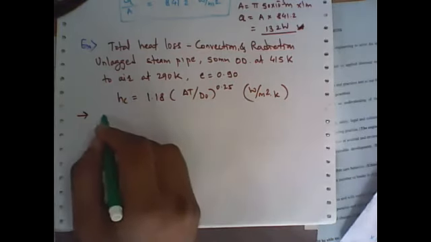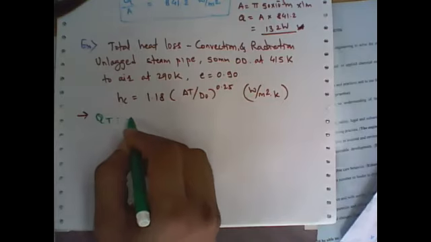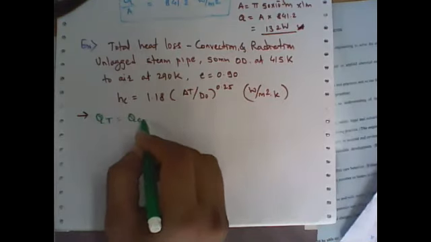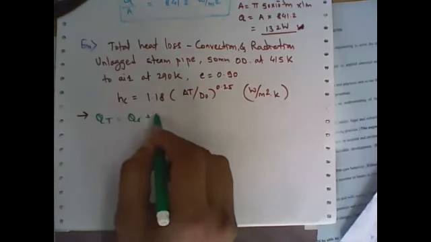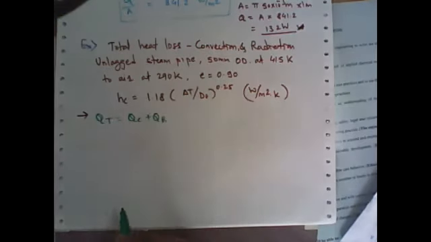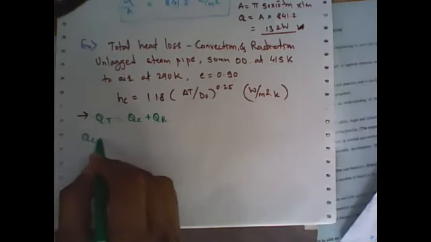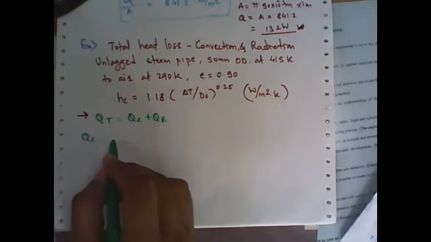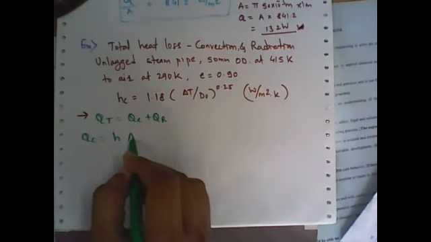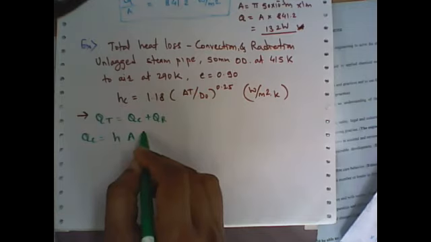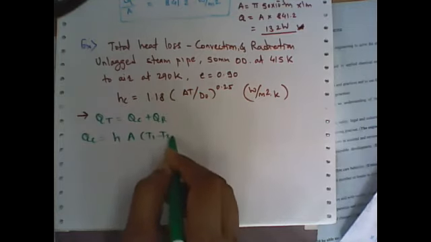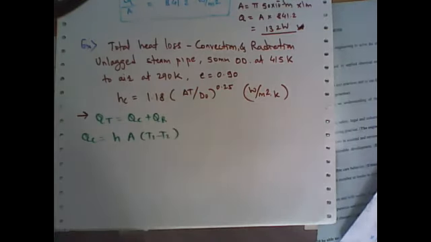First you must know that total heat loss is the combination of heat loss due to convection plus heat loss due to radiation. What is the formula for heat loss due to convection? That is the basic formula H A delta T, that is T1 minus T2.